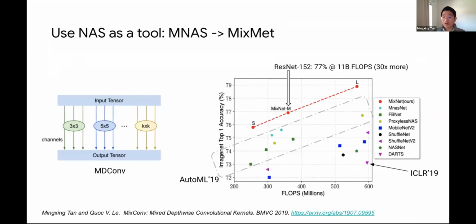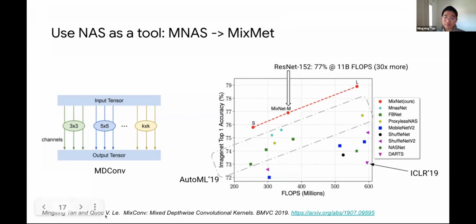Another thing I want to highlight is NAS could be a good tool. Sometimes if you come up with some new building blocks or new optimizers or some new things that could have many design choices, and as a human, it is very difficult to pick the best design choice, in this case you can leverage NAS to help you find the better design choices.